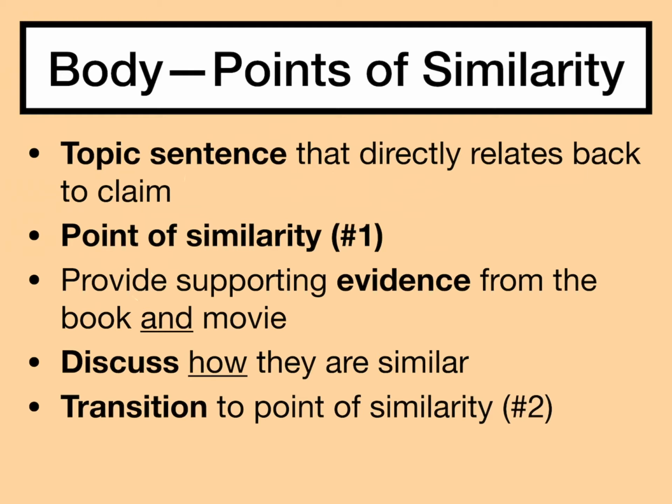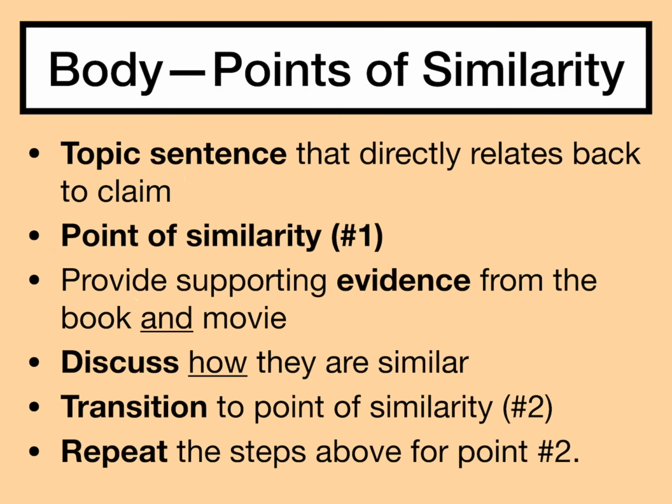And then you're going to use a transition to another point of similarity. So you're going to have at least 2 different reasons or 2 different ideas on how they are similar. And then you're going to repeat the same steps, provide evidence and discussion for point number 2.